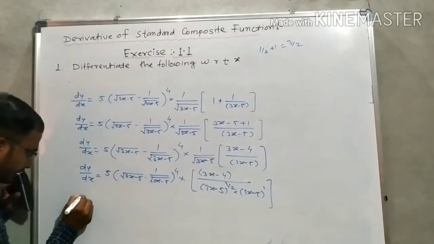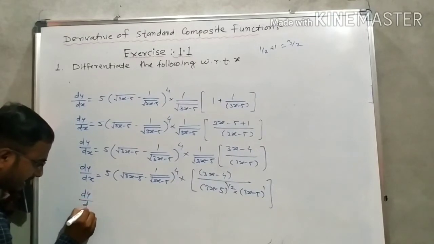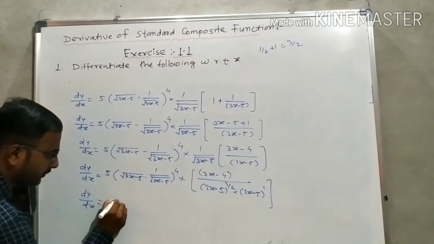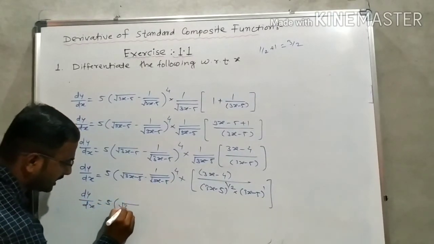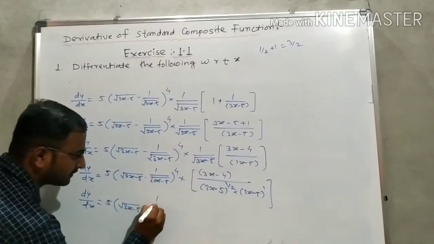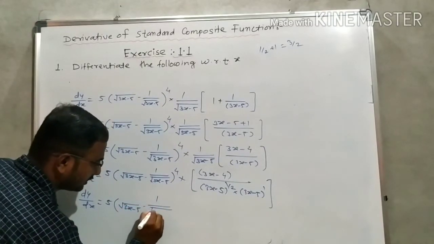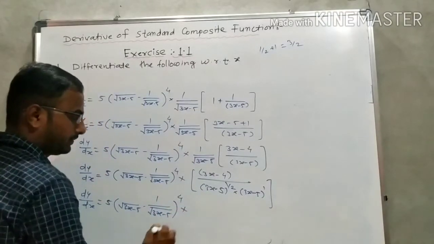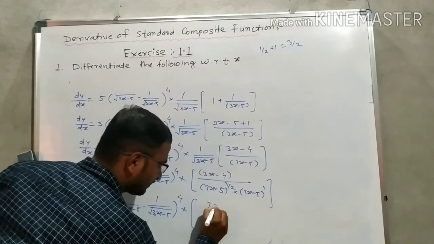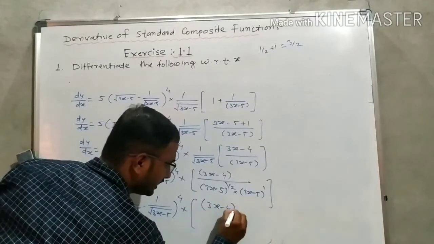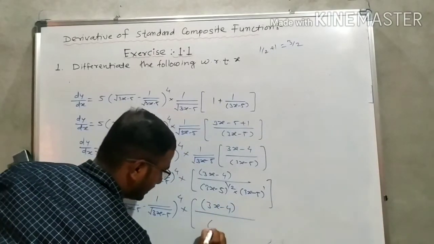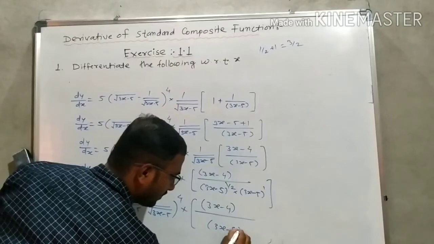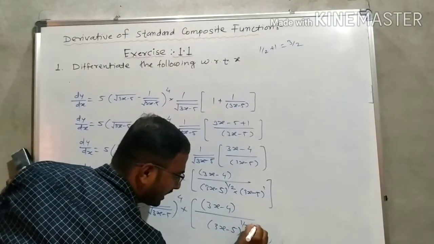So again, dy by dx is equals to 5 into square root of 3x minus 5 minus 1 upon square root of 3x minus 5, bracket to the power 4, into 3x minus 4 whole upon 3x minus 5 bracket to the power 1 by 2 plus 1.